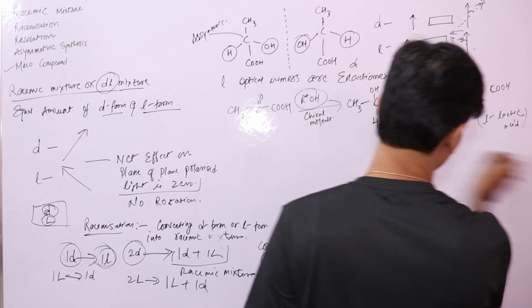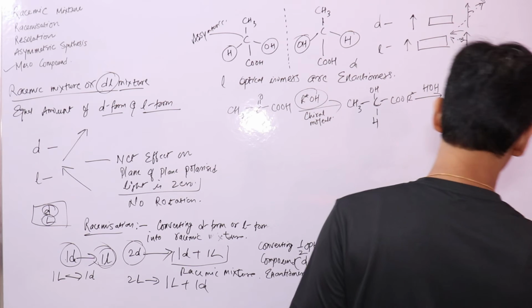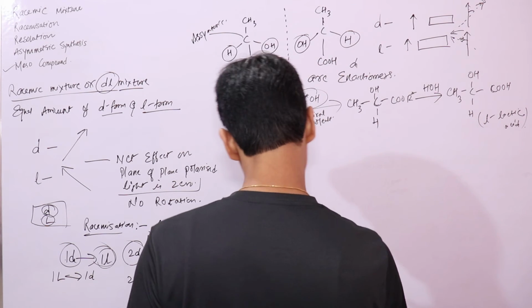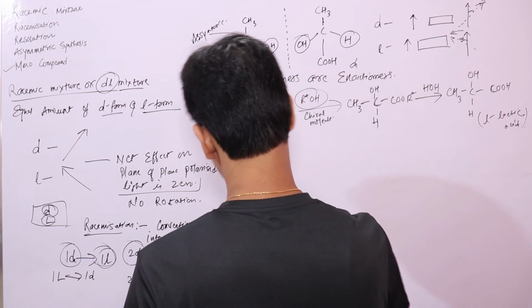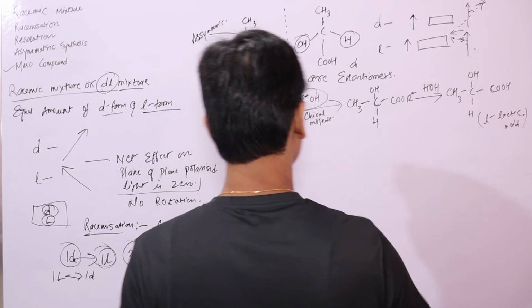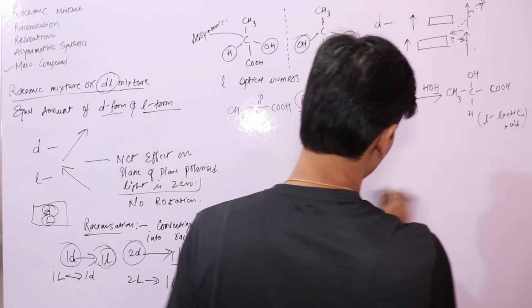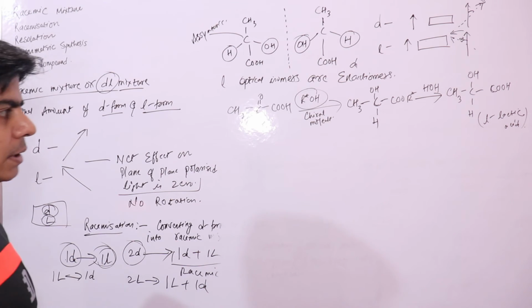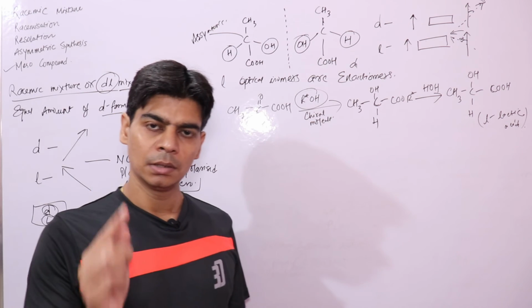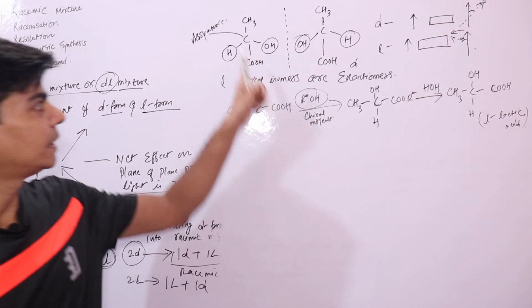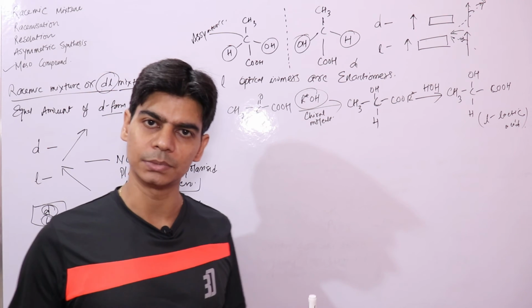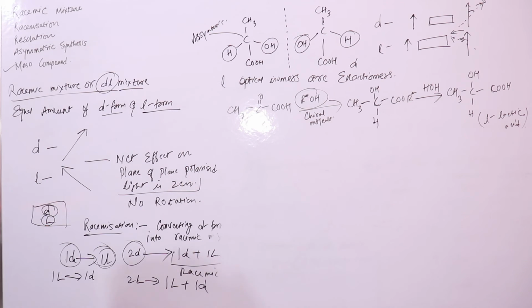Once you understand that, then you will understand what is a meso compound, right. So the condition for a compound to be optically active is it should have an asymmetric carbon atom like this, which is connected to 4 different atoms or groups.